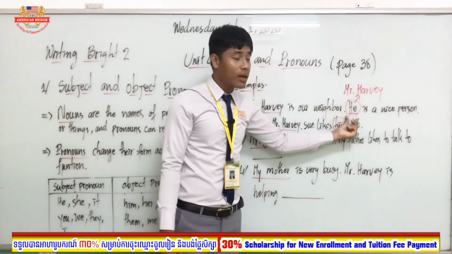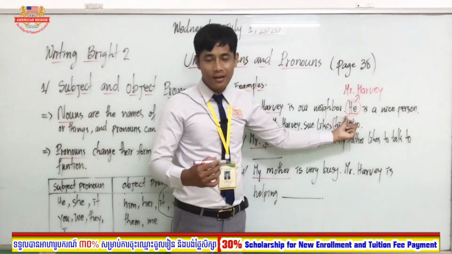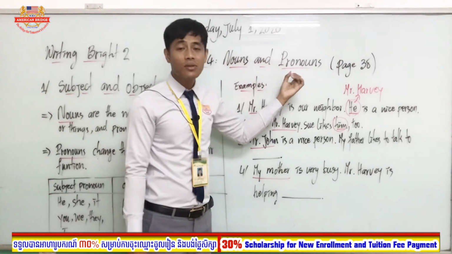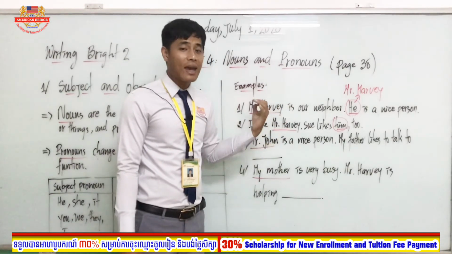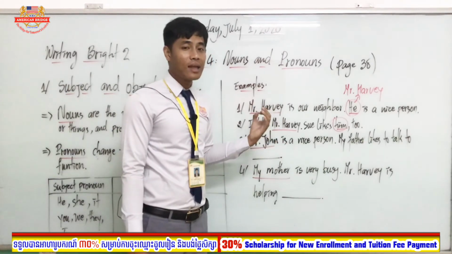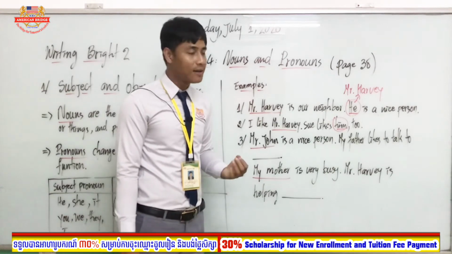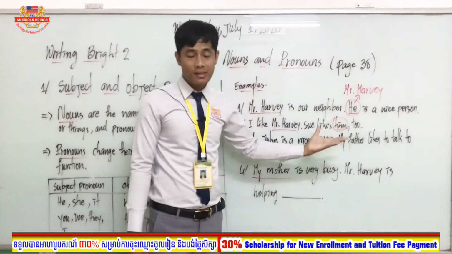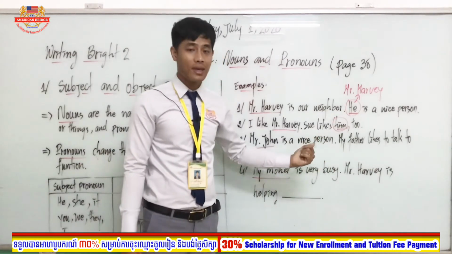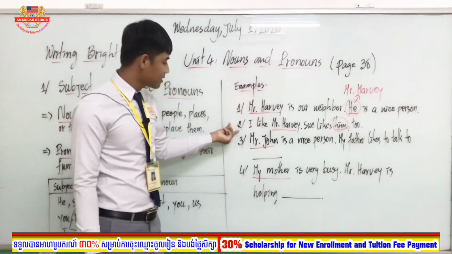And the pronoun over here functions as a subject. Now you got this? We use pronouns to replace nouns, and pronouns can change their form according to their function. So it functions over here as a subject. So as a subject we use he. Understand this? Let's move to the second sentence.